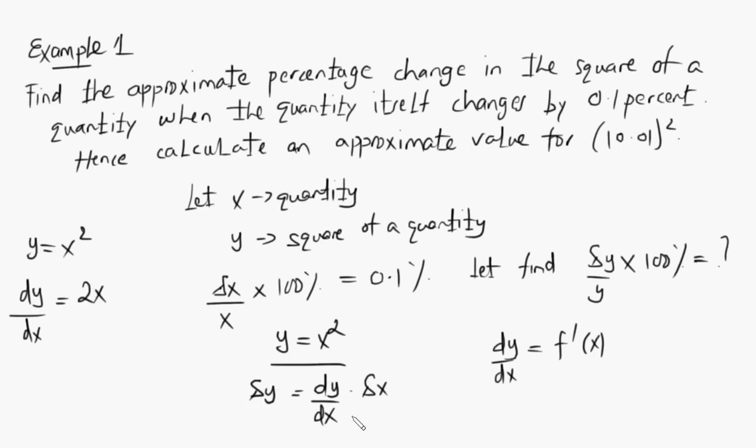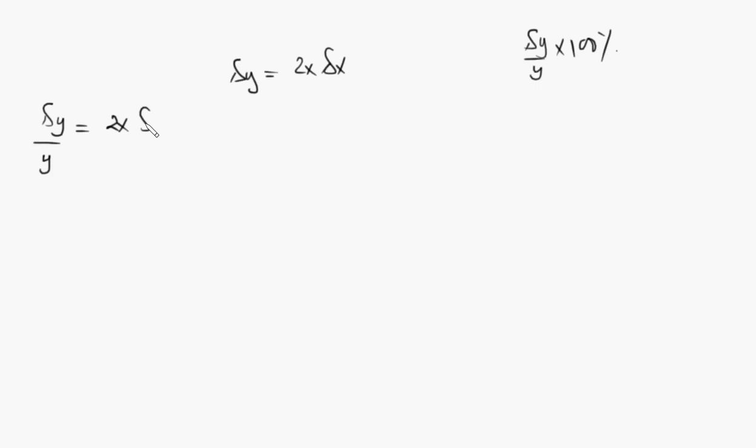So here, it means that delta y is equal to 2x delta x. Because I'm looking for delta y over y times 100%, let me divide by y on both sides. But y is just equal to x squared.